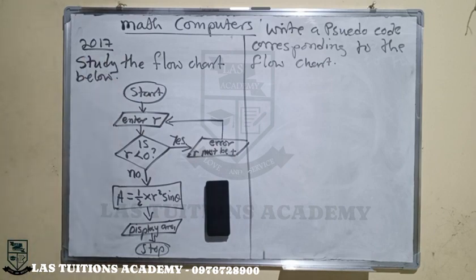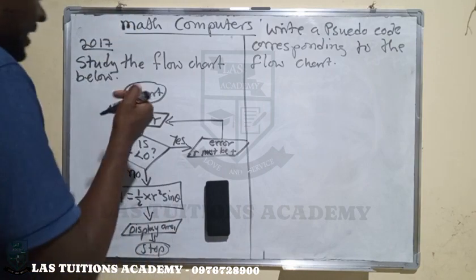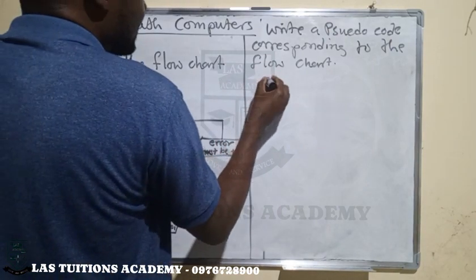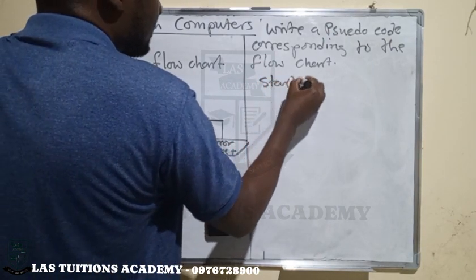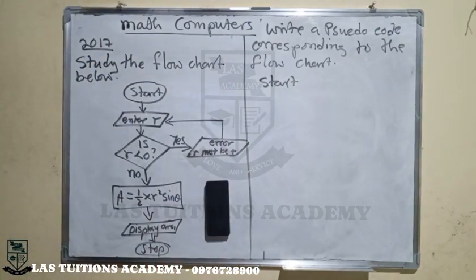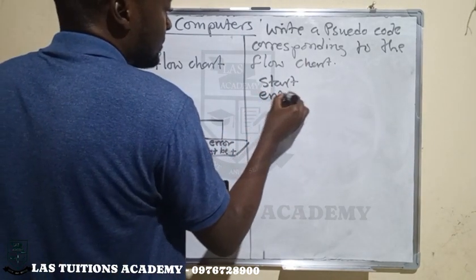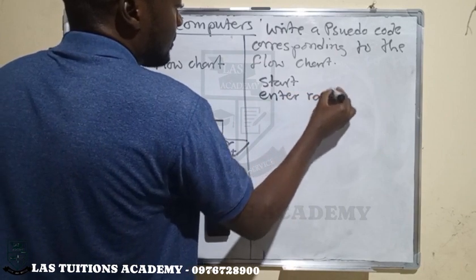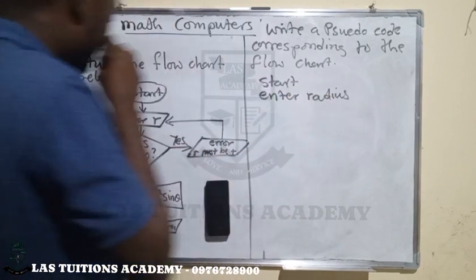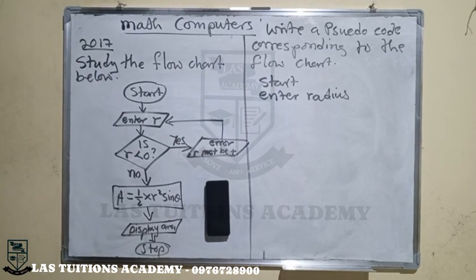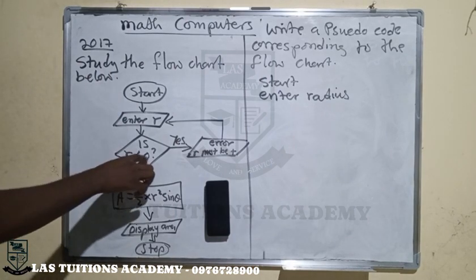So here now we say start, because there is a start here. Then from there we say enter radius. Then because there's a decision here, we say if radius is less than 0.